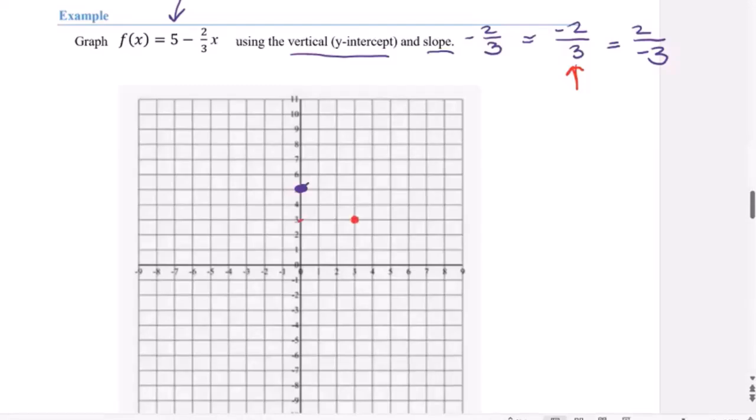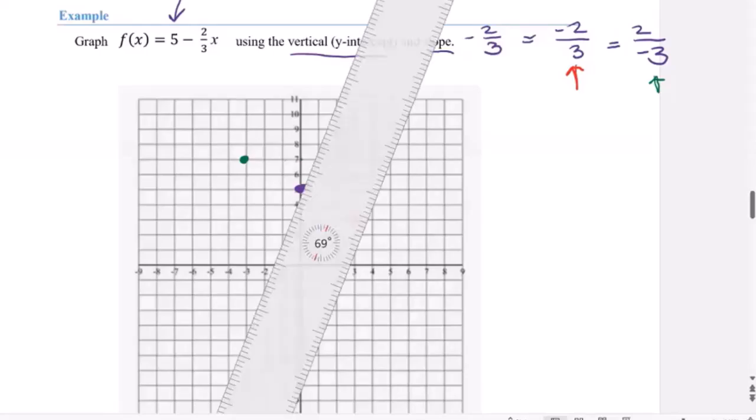And this point is what I would get. Also, I can go up 2 and to the left 3, and I have that point.